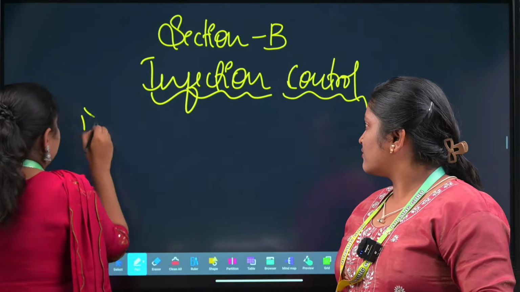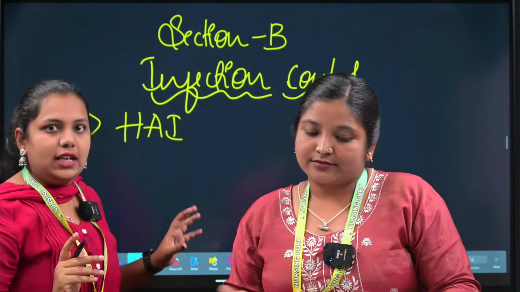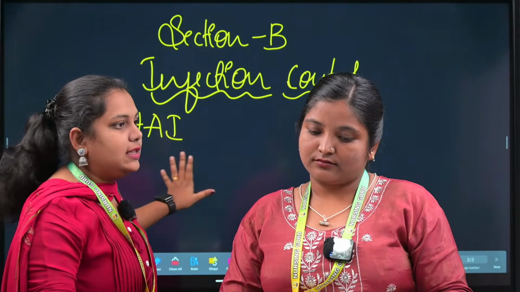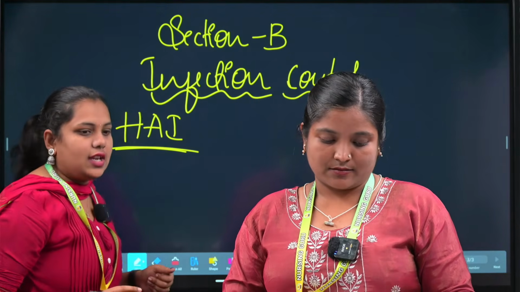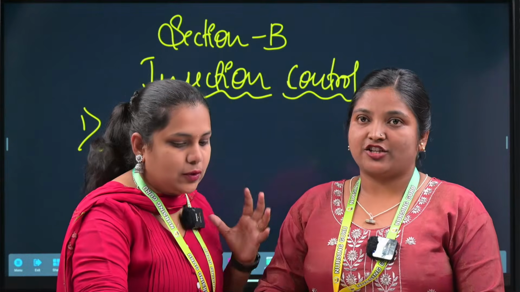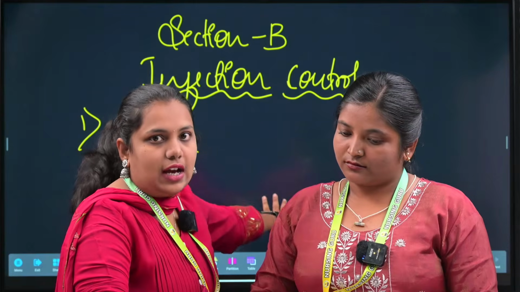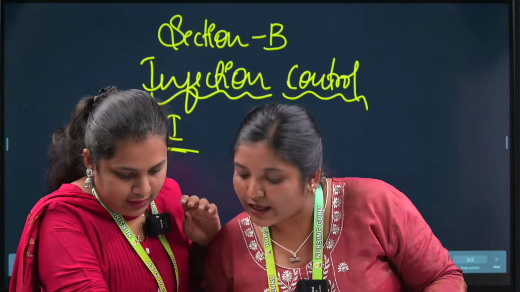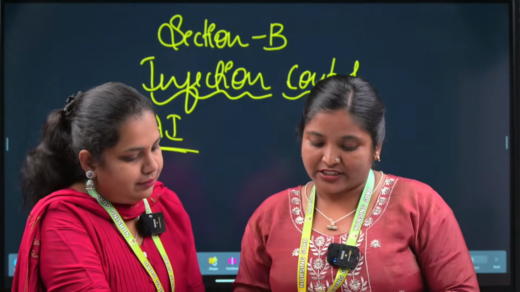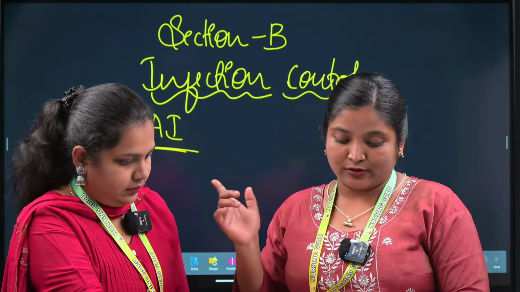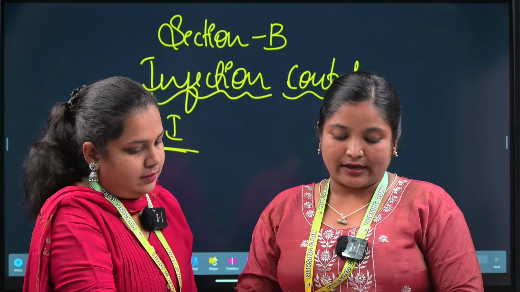They will not always ask the expansion form; sometimes they can also ask it as HAI, so keep it in your mind. What is the expansion of hospital acquired infection? In that unit, we are expecting questions like define HAI, madam told that. Explain the causes, prevention and control of hospital acquired infection.